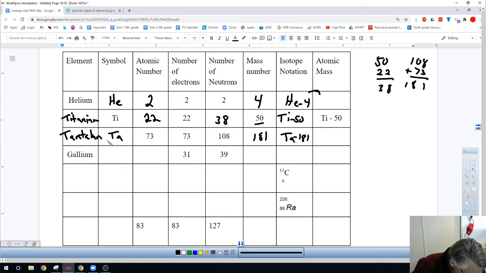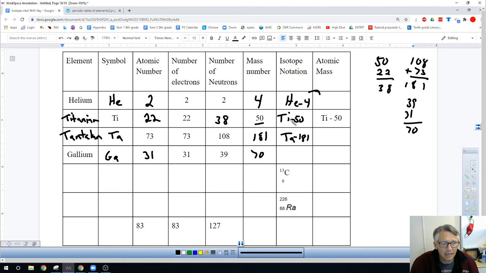Gallium is Ga, and its atomic number is 31, because it has 31 electrons. It has 39 neutrons. It's going to have a mass of 39 plus 31, should give us 70. So it has a mass number of 70, and it is going to be Ga-70.